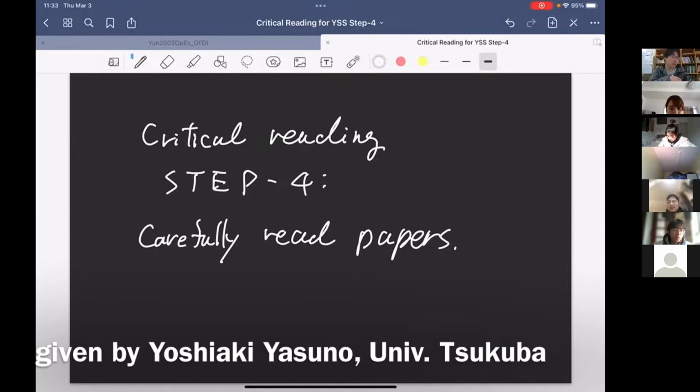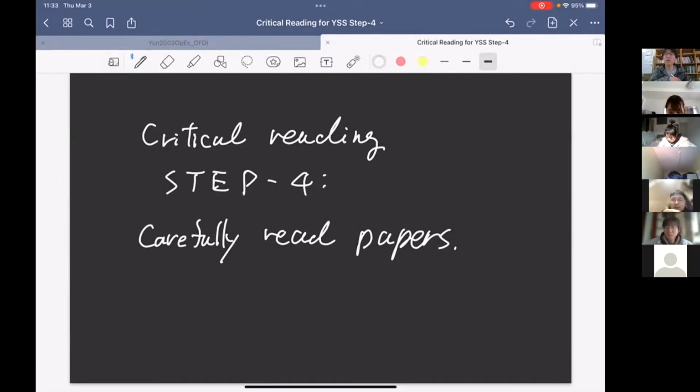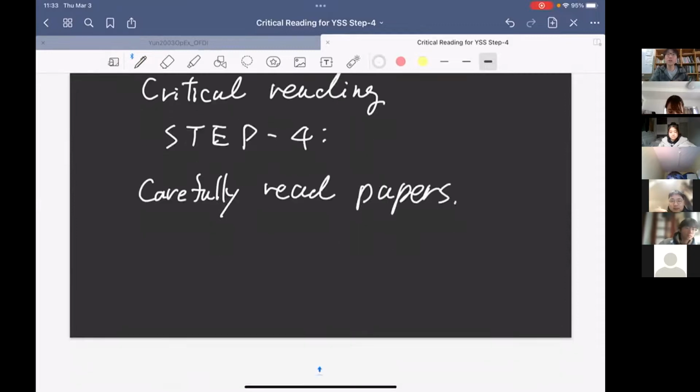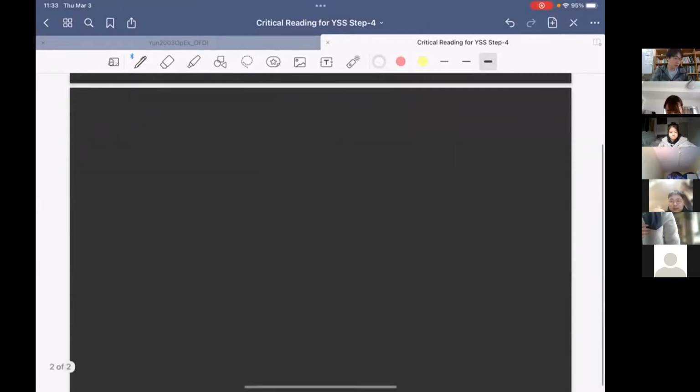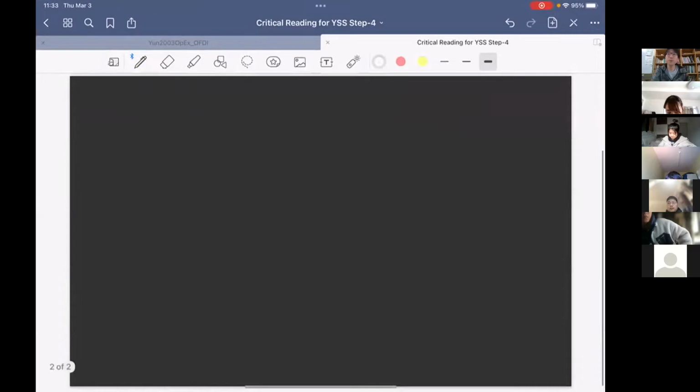Actually, the last time it was step 3, where we just analyzed the structure of the paper. But today's lecture, step 4, is not a continuation of step 3, but technically of step 2. So first, let me briefly summarize the point of step 2.